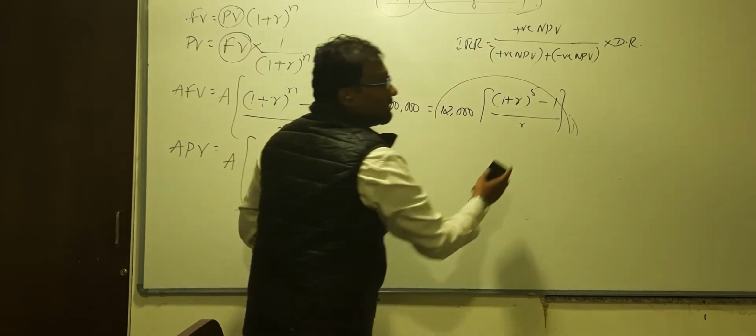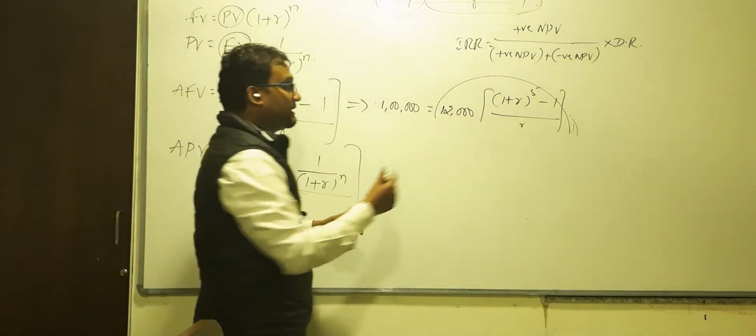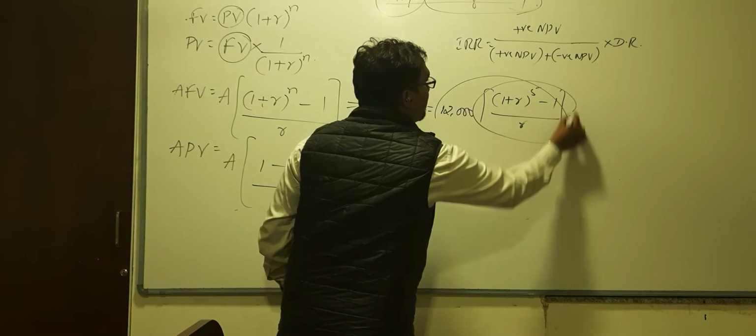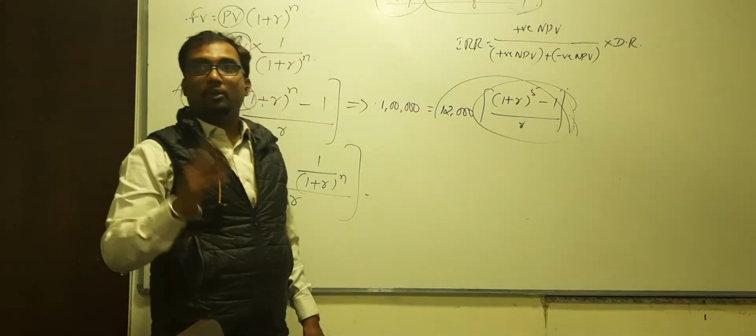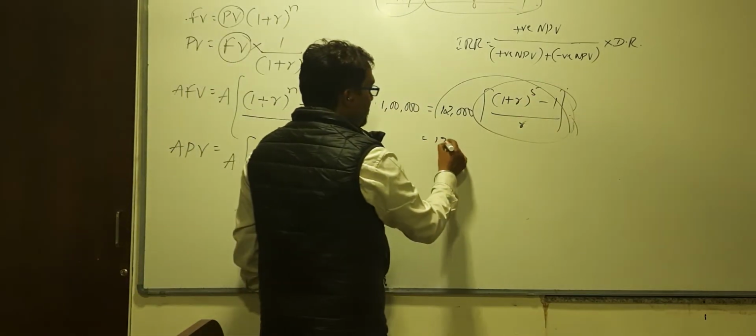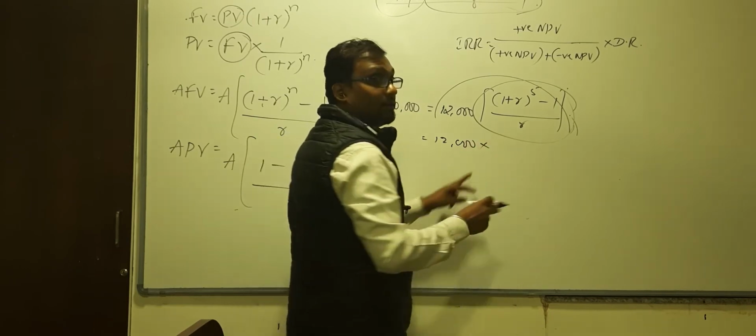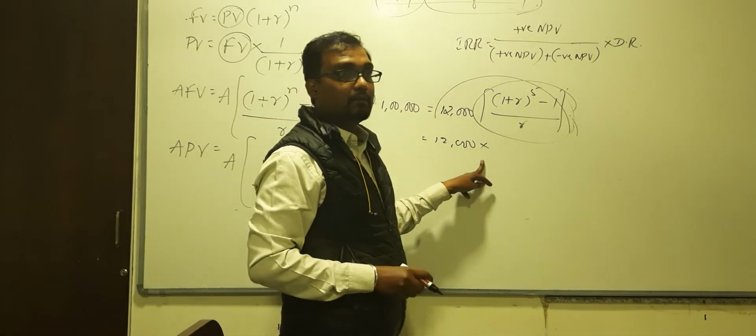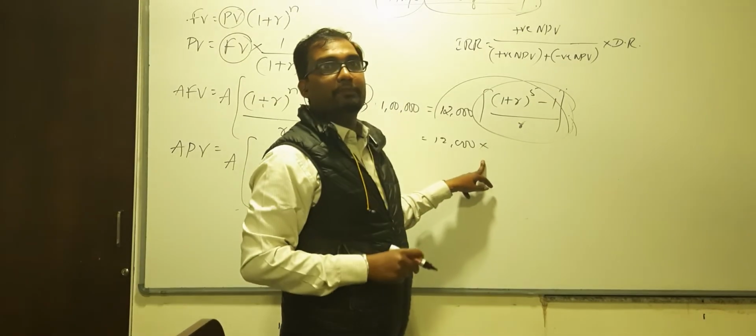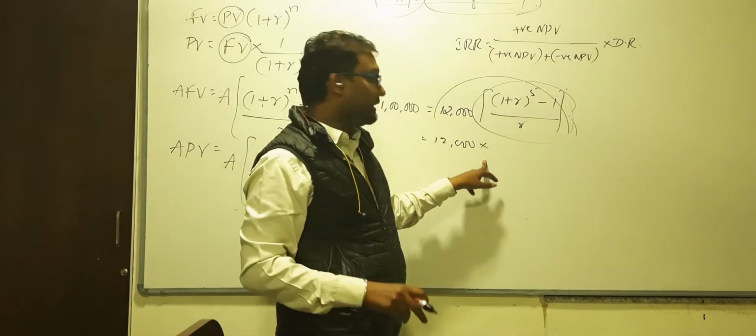When you have a table value, it is simple. In this case especially, just calculate with this table value and keep on changing. 12,000 into 6.1051, 73,000, sir, at 10%, right? Increase it to 15%, 15% into 12,000.